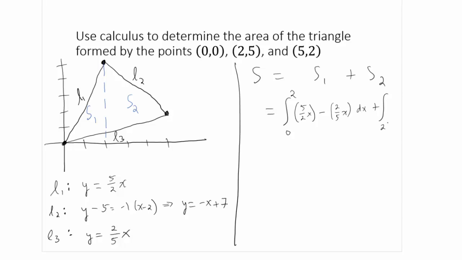S2 would be the integral from 2 to 5, where the upper function is L2, so -x plus 7, and the lower function is again 2/5 x.